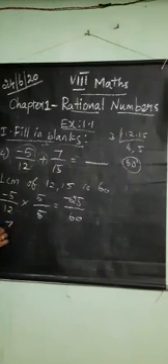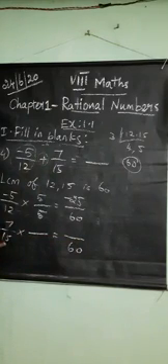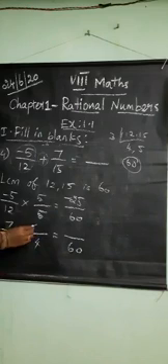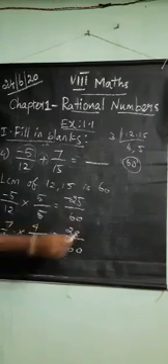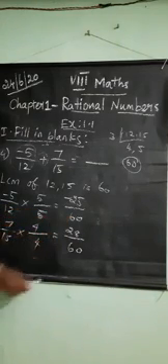Next, 7 by 15 into dash equal to 60. 15, which number multiplied gives 60? 4. Denominator 4 means numerator also 4. 7 4s are 28. So now both denominators are the same.